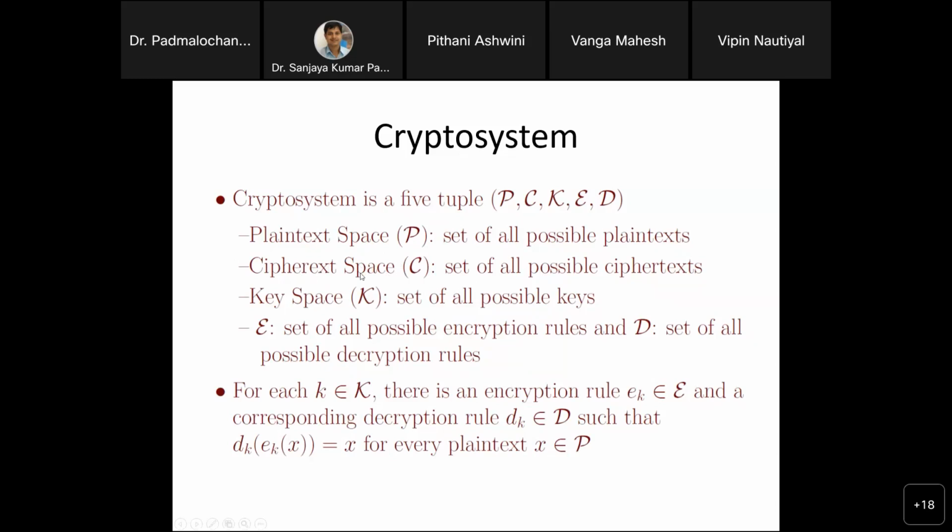So you have a plain text space, you have a ciphertext space, then you have a key space. Key space is all possible keys. And then two algorithms: E is the set of all possible encryption rules, and D is the set of all possible decryption rules.